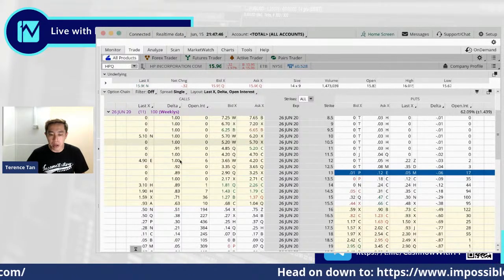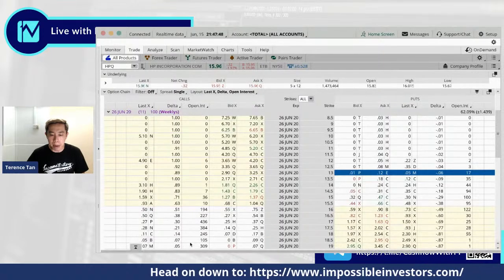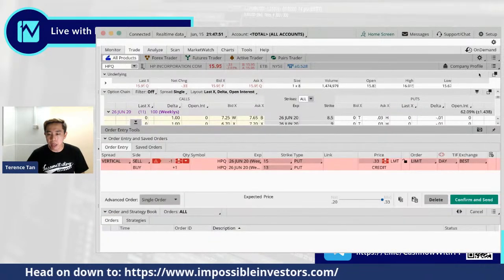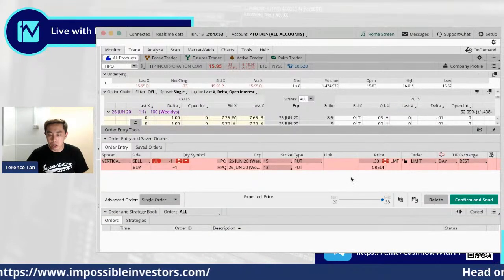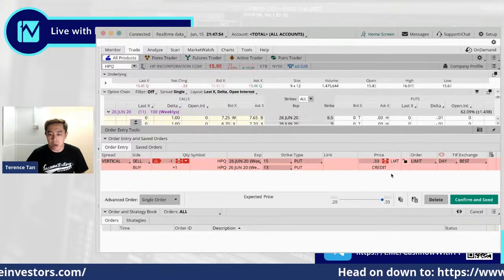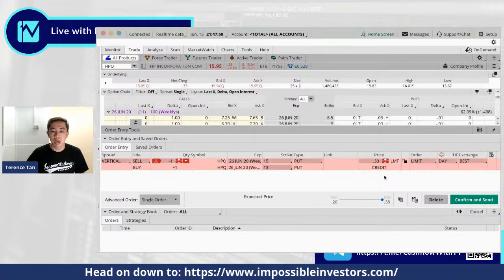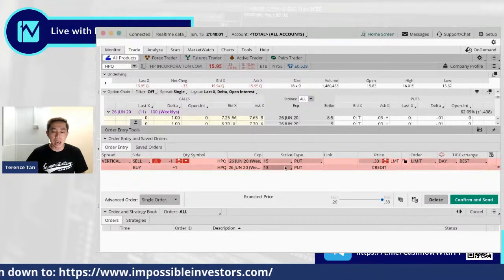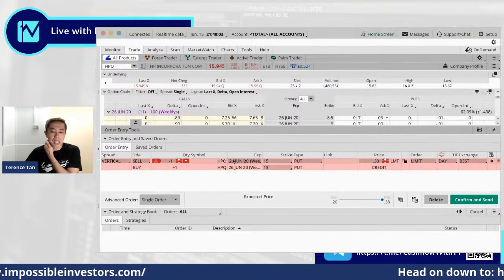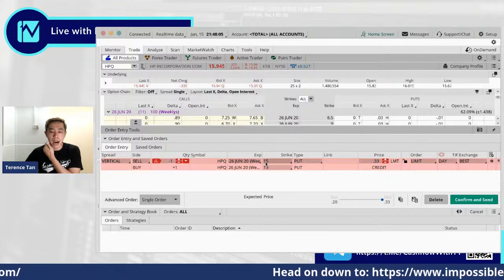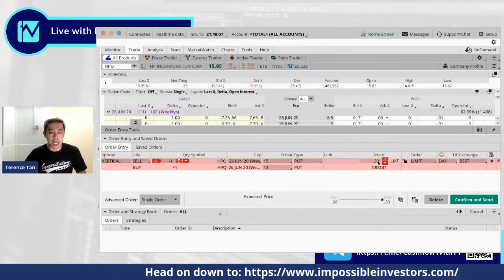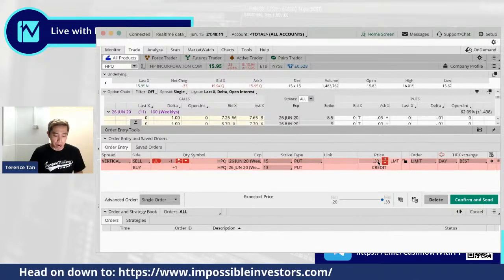That's where the broker suggested price came out at around 33 cents. So you can clearly see the broker suggests we could place the order at around 33 cents. If you sell it today, you're looking at a trade with a $2 max loss and a 33-cent credit upfront.